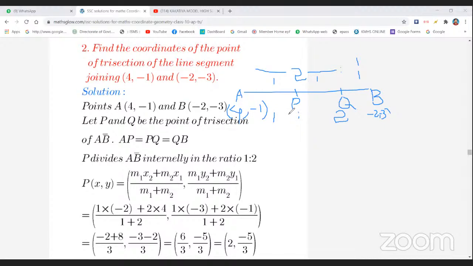By joining these 2 points we get the AB line segment. So the AB line segment is divided into 3 equal parts with the help of points P and Q. So P and Q are called trisection points.